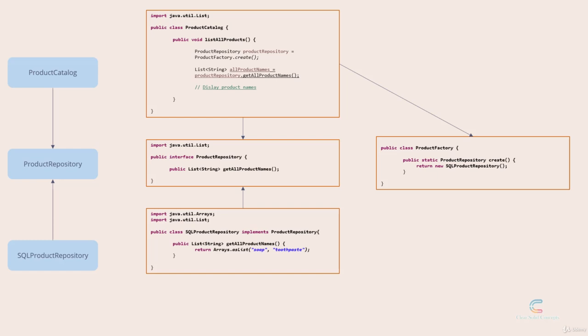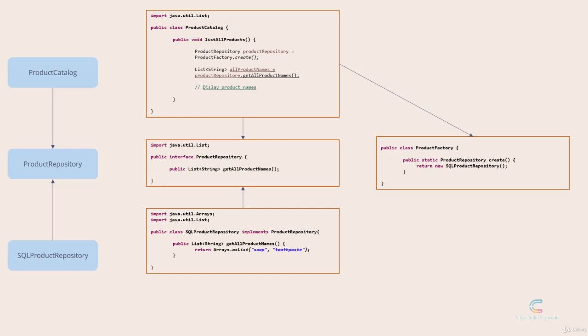Even though this delegates the responsibility of instantiation to a different factory class, still the onus on triggering this instantiation process is with the product catalog class. Ideally, we don't want the product catalog to worry about how and when to trigger the instantiation. What if we provide the instantiated repository class to product catalog even without it asking?